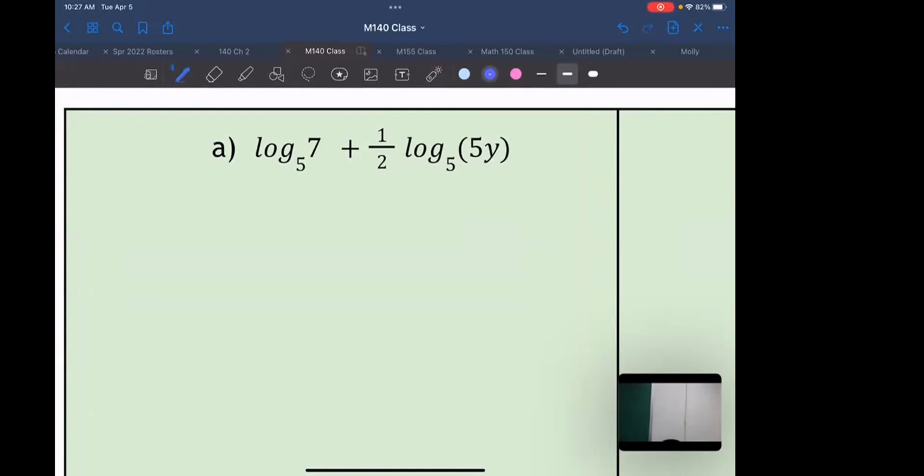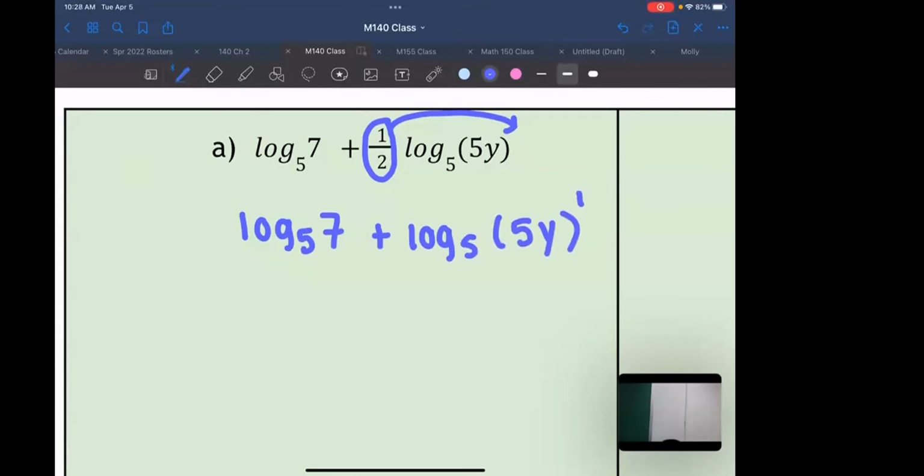The 1/2, right? Normally, the 1/2 would be the last thing we do. But since we're working backwards, why don't we take the 1/2, which is up front, and bring it to the exponent? So instead of the exponent up front, we're taking things up front to the exponent. So this becomes log base 5 of 7 plus log base 5 of 5y to the 1/2 power.